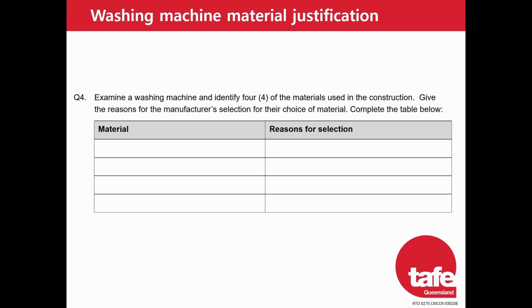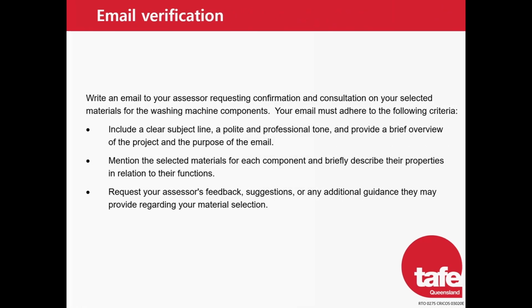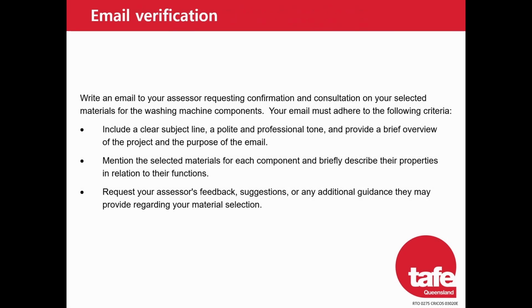So in the material column, you simply select your 4 materials and state what they're being used for, and then provide the reasons for the selection, considering the physical, mechanical, and chemical properties of the material, as well as manufacturability, cost, and sustainability. Just like the previous example, you must send a confirmation and consultation email with regards to your material selection for the washing machine components. Your email must adhere to the following 3 dot points.